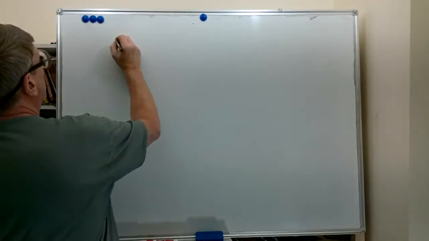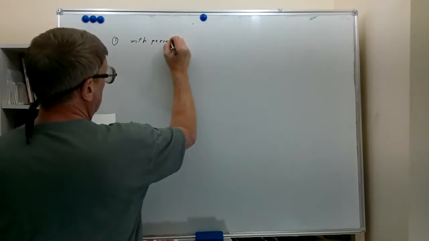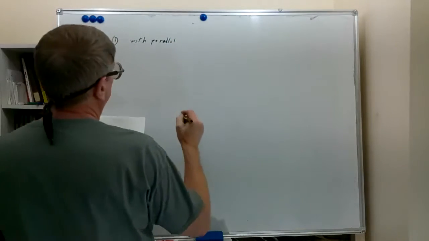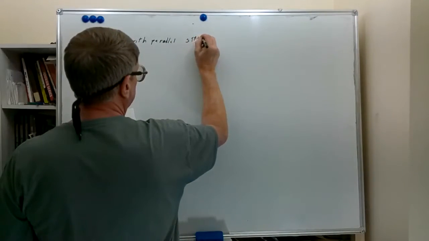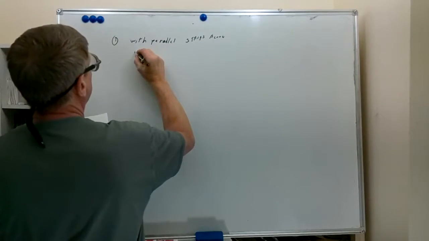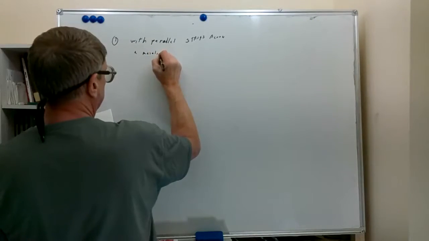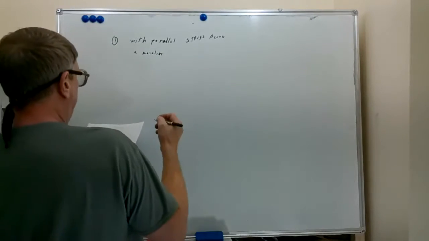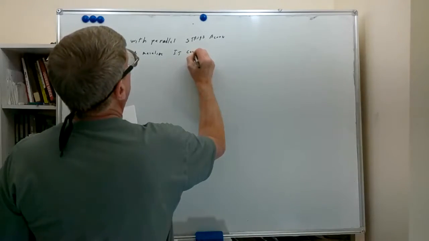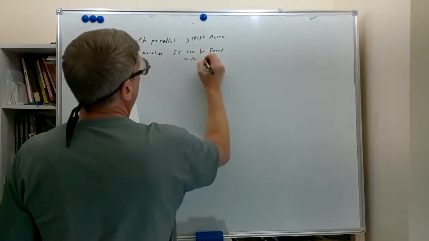So the first one is, with parallel strings across the main line, we can find IT without finding RT.